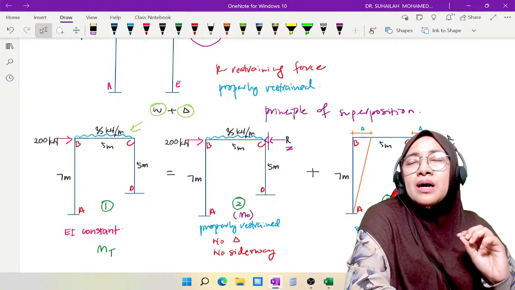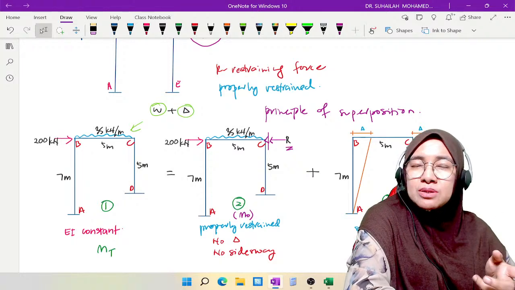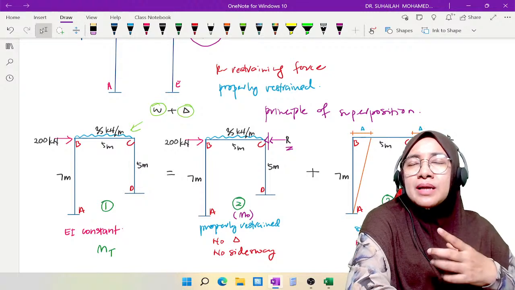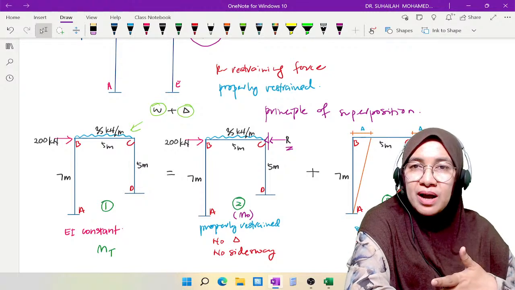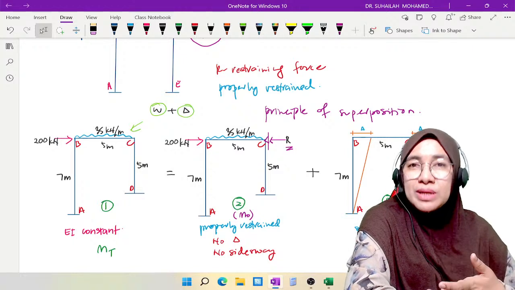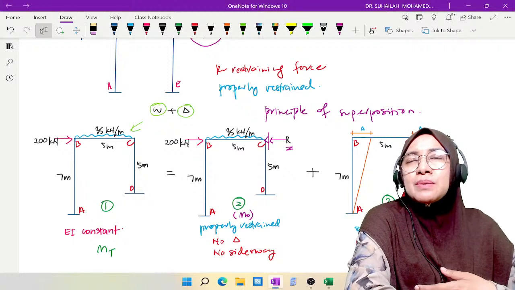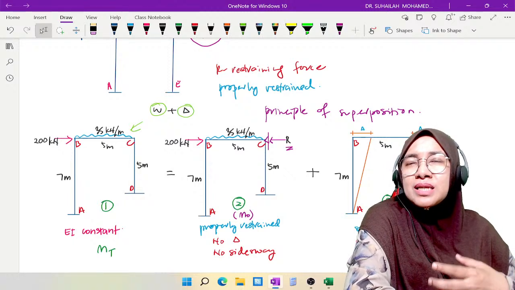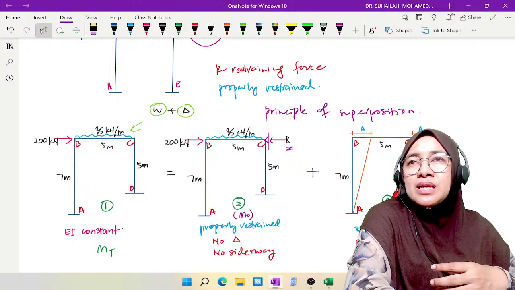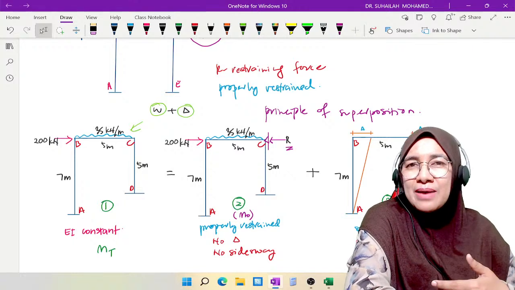FEM is the fixed end moment in the table. For table number 1, FEM is determined using external loading, and for table number 2, we actually assume FEM. We analyze a side sway frame, but we assume the FEM value.